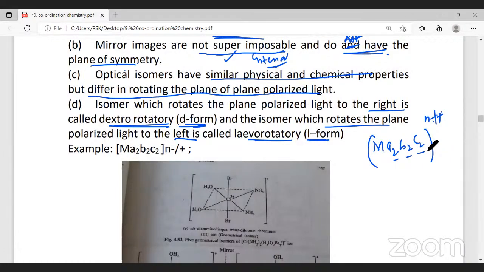Only such molecules can exhibit optical isomerism. Now tell me, what is the coordination number of the metal here? Yes, we have 6 ligands. Therefore, the coordination number here is 6.